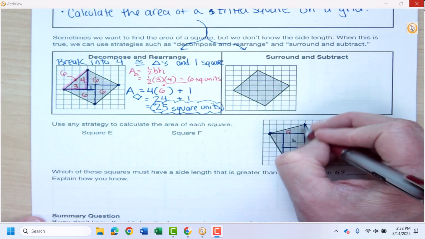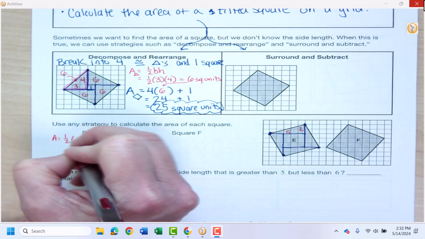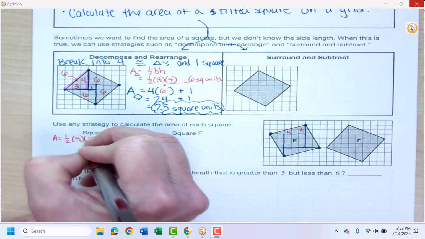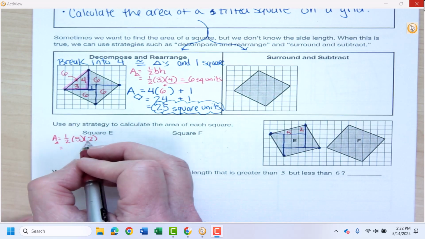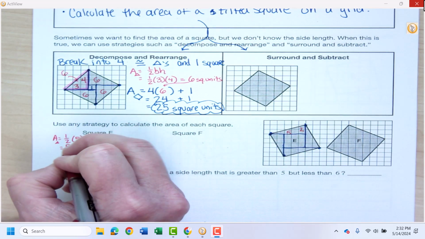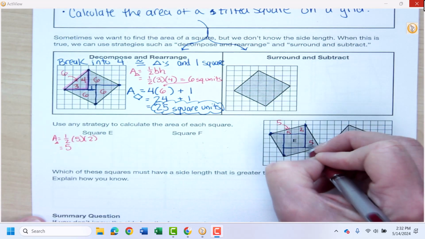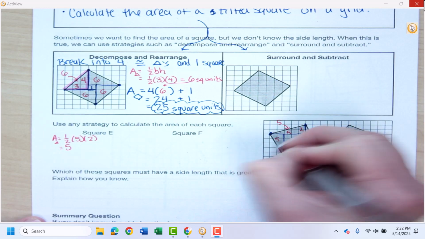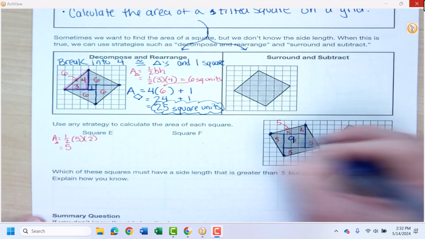The height of this triangle is 2, so the area is 1/2 times 5 times 2 for the triangle. That's 10, half of 10 is 5. So the area of this is 5, the area of this is 5, 5, 5, and this square in the middle has 9 square units.